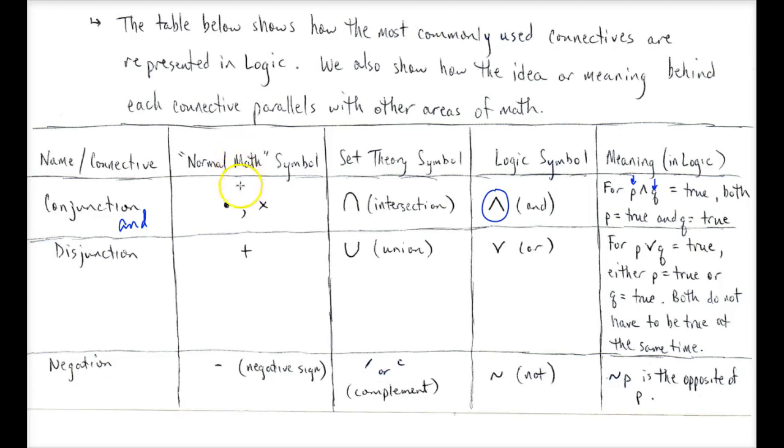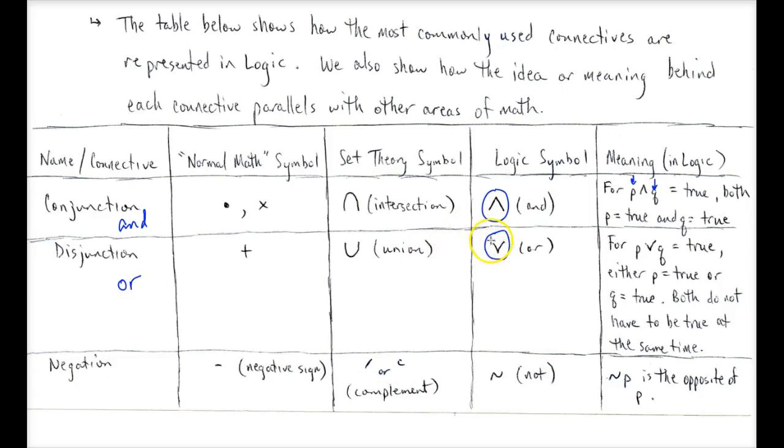Okay? Now for a disjunction, it's a little different. And of course, a disjunction is based upon the word or, and that acts like an addition symbol in normal math. It acts like union if we were talking about set theory, but in logic, we see that it's going to be this symbol.